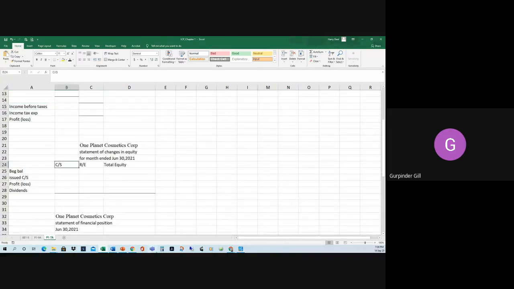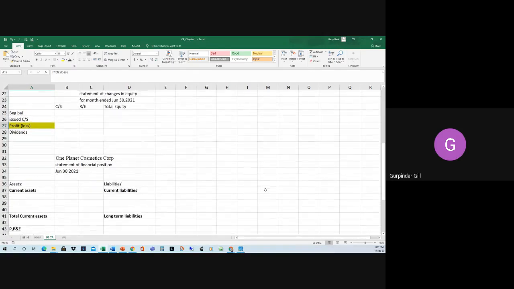So CS is your common shares, RE is your retained earnings, and a column for total equity. Beginning balances for all of these accounts, any issuance of common shares, your profit and loss, which is coming from your income statement here, and any adjustment for dividends.